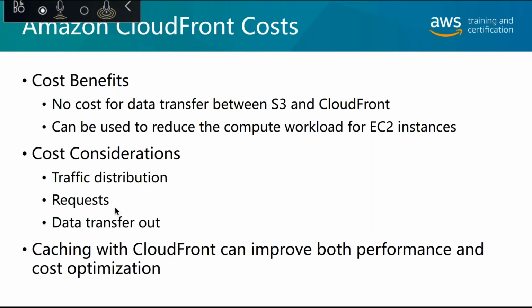So CloudFront is our CDN. And the benefit of using CloudFront with S3 is that there's no cost for the data transfer between S3 and CloudFront. So a good use case would be if I'm always reading objects from S3.